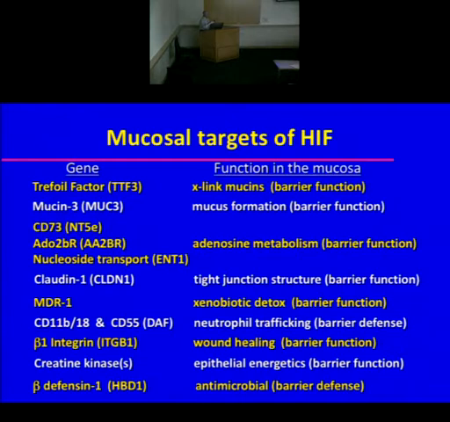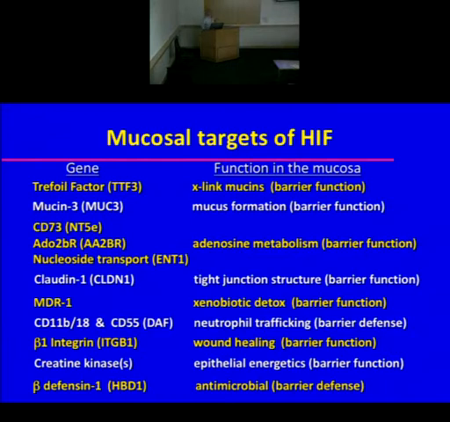We know that adenosine metabolism, so the enzymes in particular that regulate adenosine metabolism, are strongly regulated by HIF. Tight junction proteins, xenobiotic transporters, a number of leukocyte adhesion molecules are important. Creatine kinases, some of the defensins, and some of the integrins.